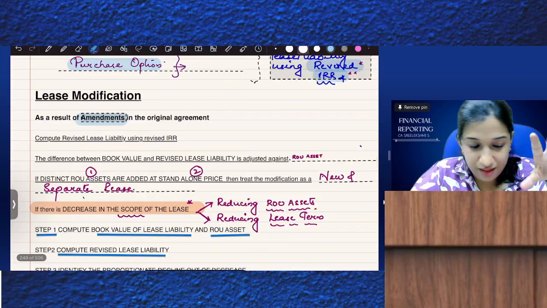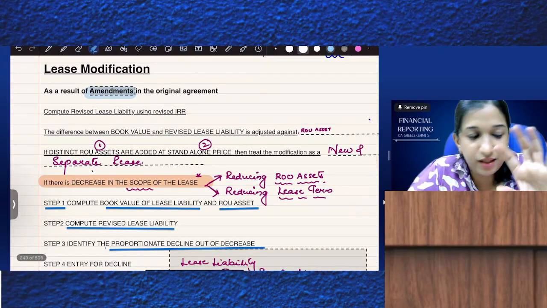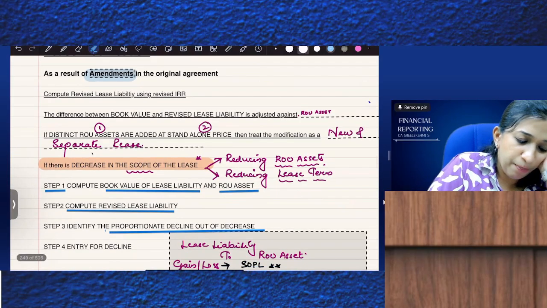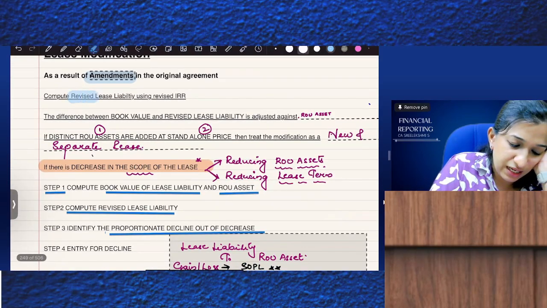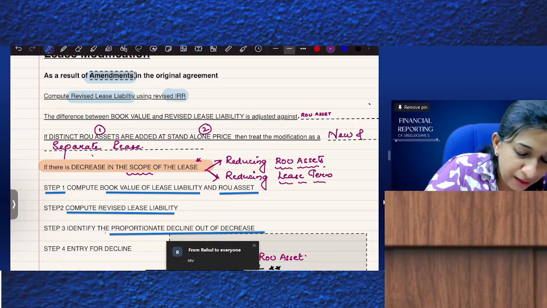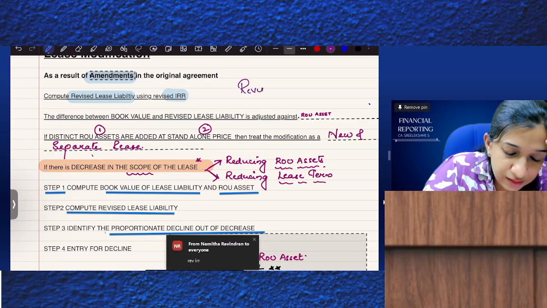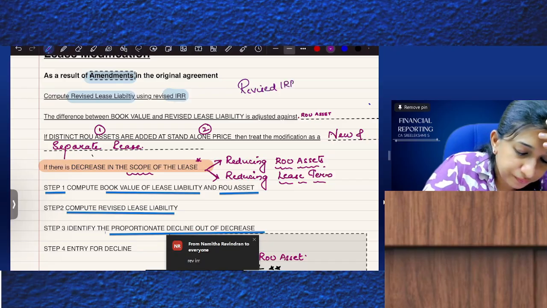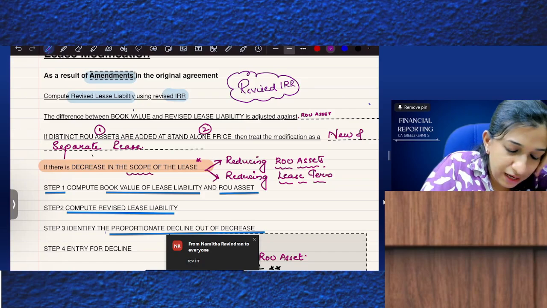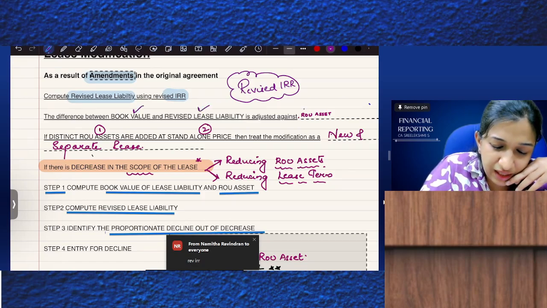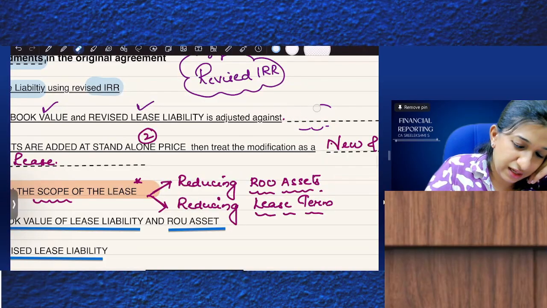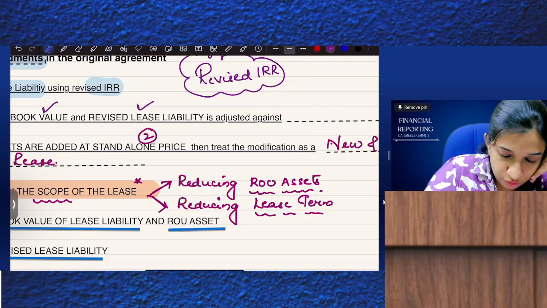If there is an amendment in any of the terms, compute the revised lease liability using, if there is an amendment, always the revised IRR. The difference between the book value and the revised lease liability will be adjusted against the ROU asset.